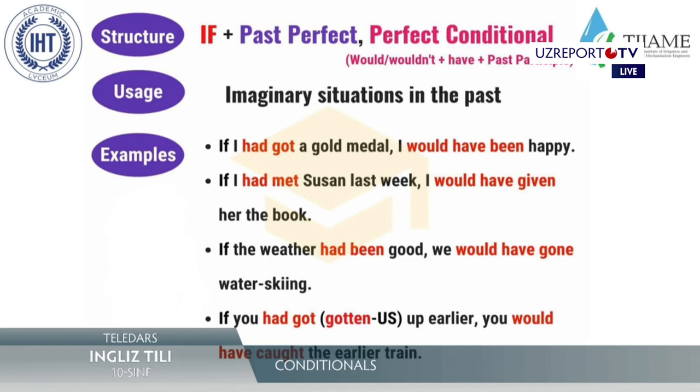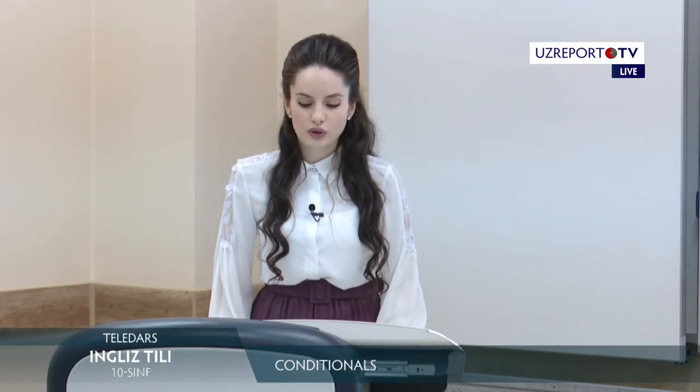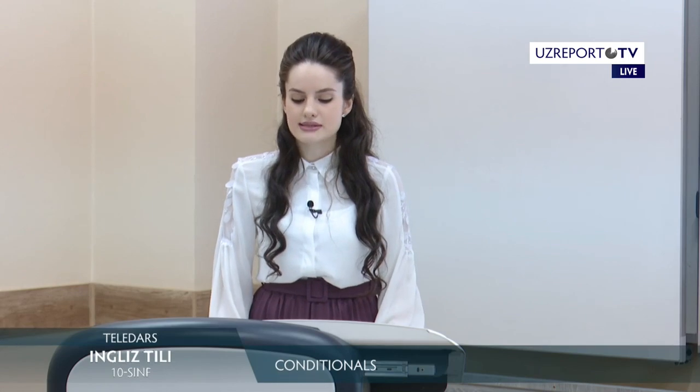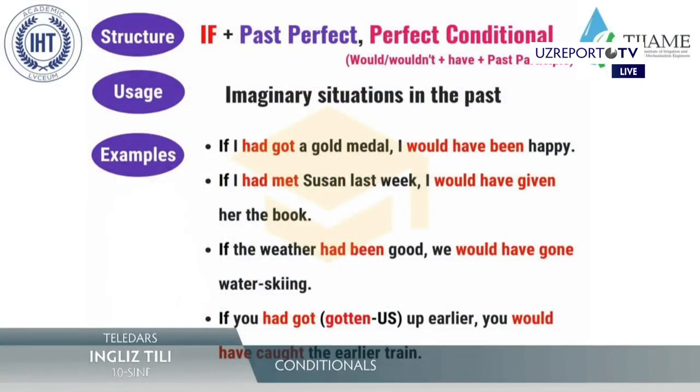And in the result part we use the perfect conditional construction. Pay attention, it is not a tense. So the construction is would, or would not for negative, plus have, always have, not has, because before have we have would. And past participle.